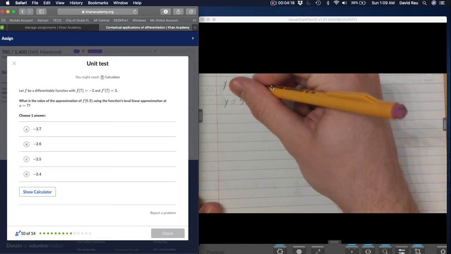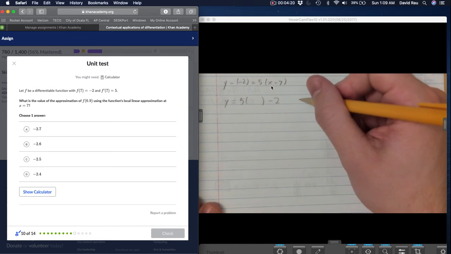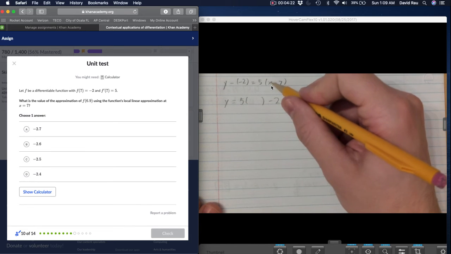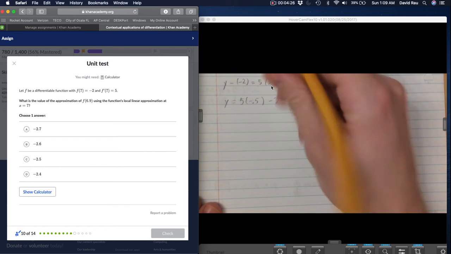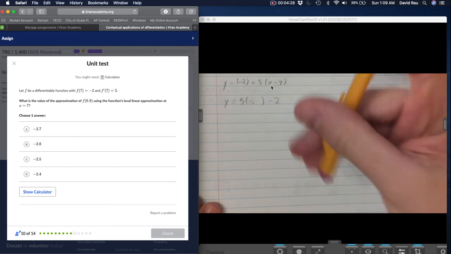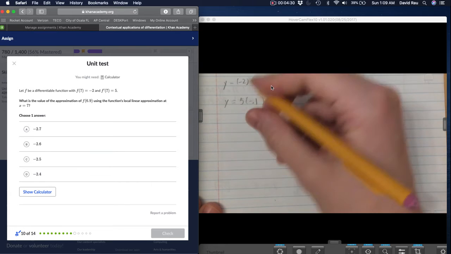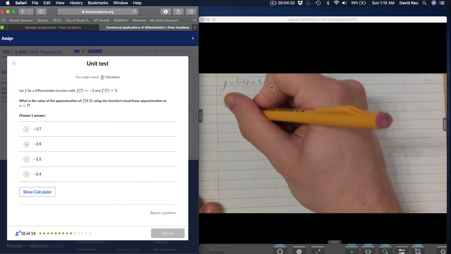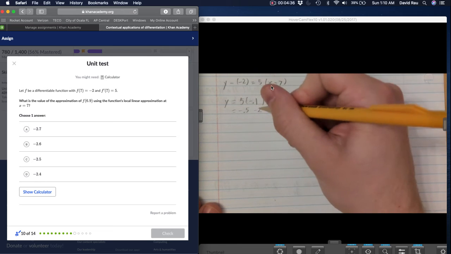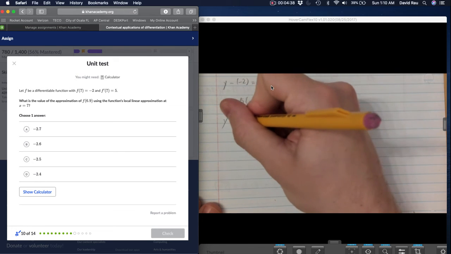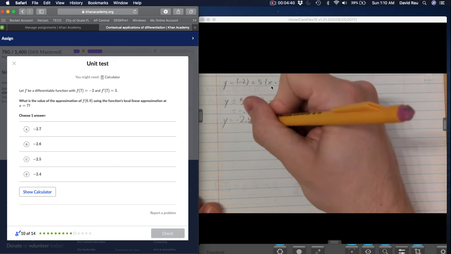If I had plus 2 over here, then now I have negative 2 over here. If I plug in 6.9, you just get negative 0.1. Oops, sorry, negative 0.1. I'm jumping ahead. Now, when you have 5 times negative 0.1, well, that's just negative 0.5 minus 2. And so that means our answer is just going to be negative 2.5.